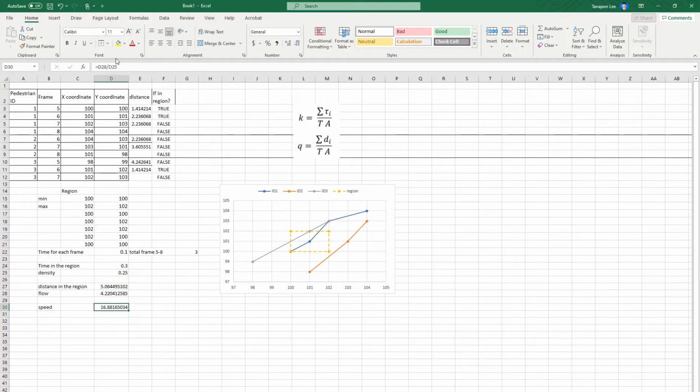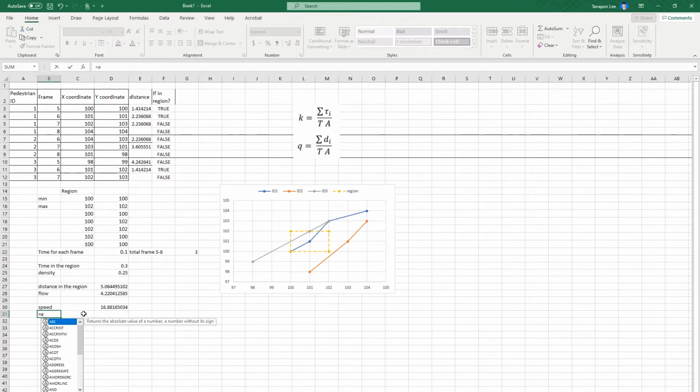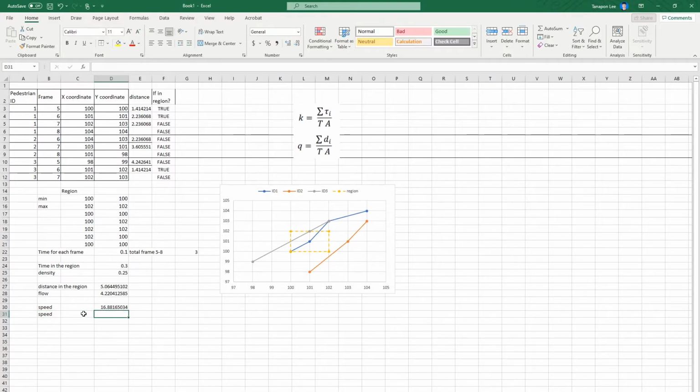So you can do that to get speed from the fundamental diagram. Or you know the distance and you know the time for each frame, you can just average this. So maybe you can do speed like this.